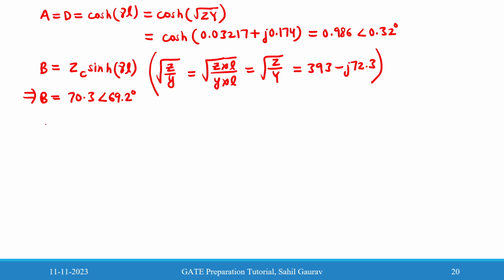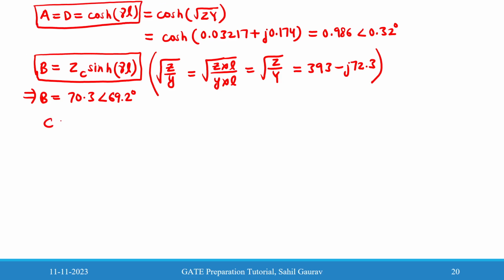Similarly, we know that the C value is 1 divided by ZC, the characteristic impedance, times sinh γL. So it is the reciprocal of ZC sinh of root of ZY.